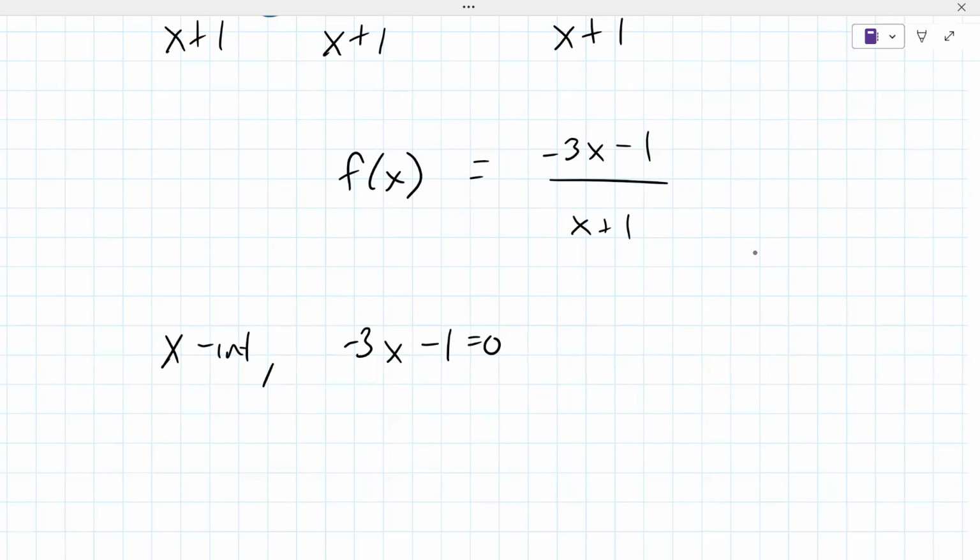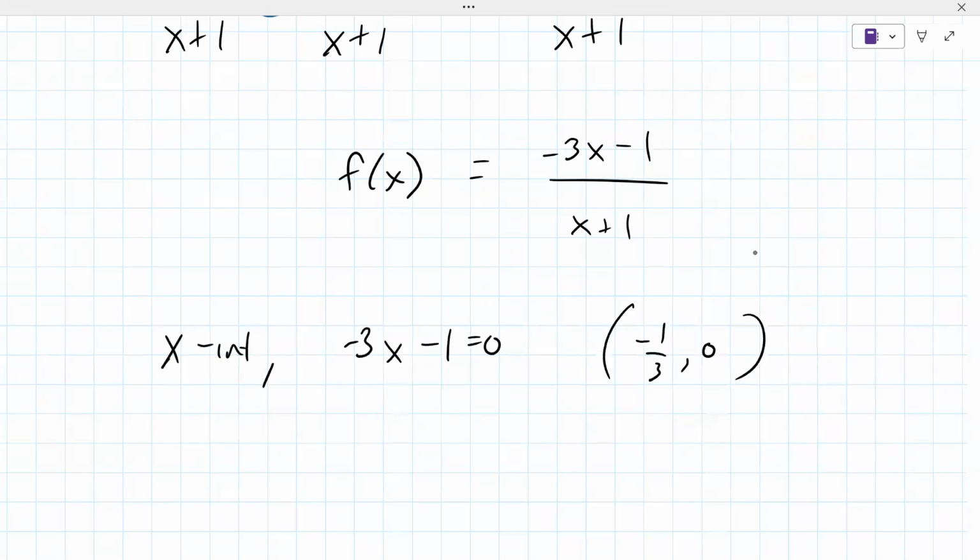Solve for x, please. Plus 1, that's going to be 1. Then -3x equals 1, and you divide both sides by -3. 1 divided by -3. Leave it as a fraction, please. So that's -1/3.